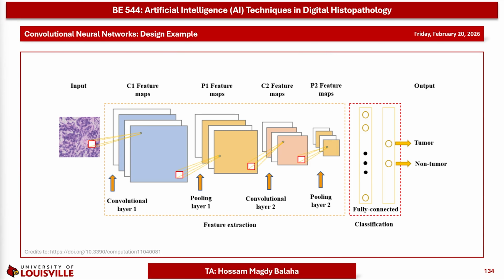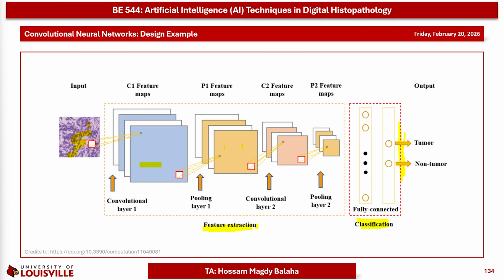So imagine the design. We have an input layer followed by the feature extraction process, which is done automatically to extract features from the tiles or the input, followed by the classification, and at last we need the output, tumor and non-tumor. In the feature extraction process, we use a convolution layer followed by activation functions followed by pooling layers.